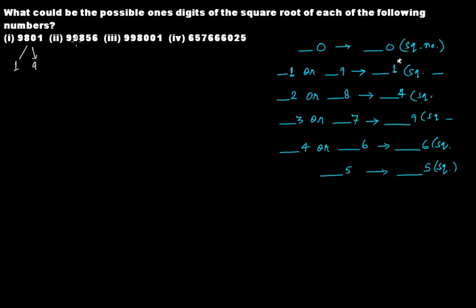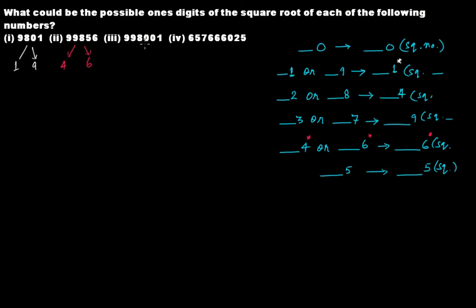If you look at this one, 99856, this is a square number, it ends in 6, so its square root will have either 4 at its units place or 6 at its units place.